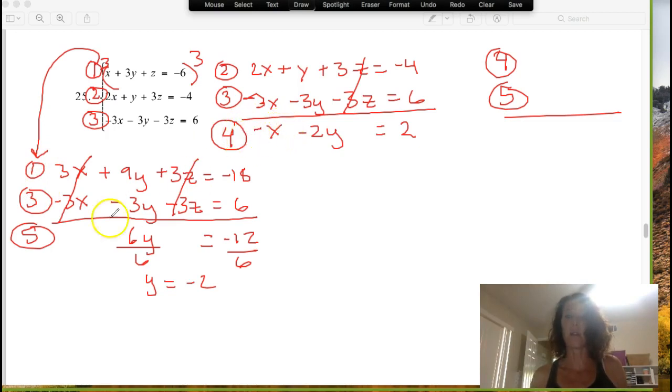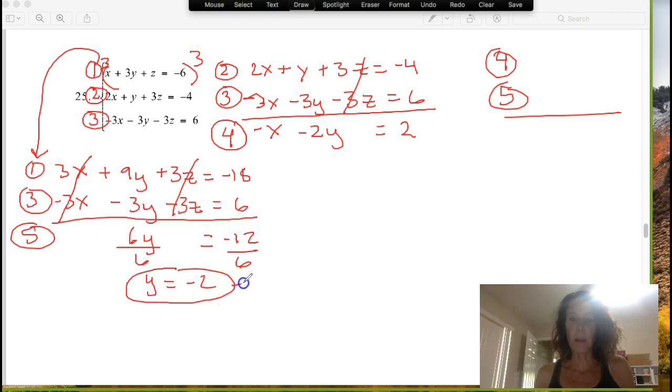Then I have equations 4 and 5, which are two equations and two variables. Get one of those to fall out, and then I've solved for the first variable. However, this made the x's fall out, so I've already solved for the first variable because the z's and the x's fell out. This made it easy, so I don't have to do equations 4 and 5 over here. So I have y equals negative 2.